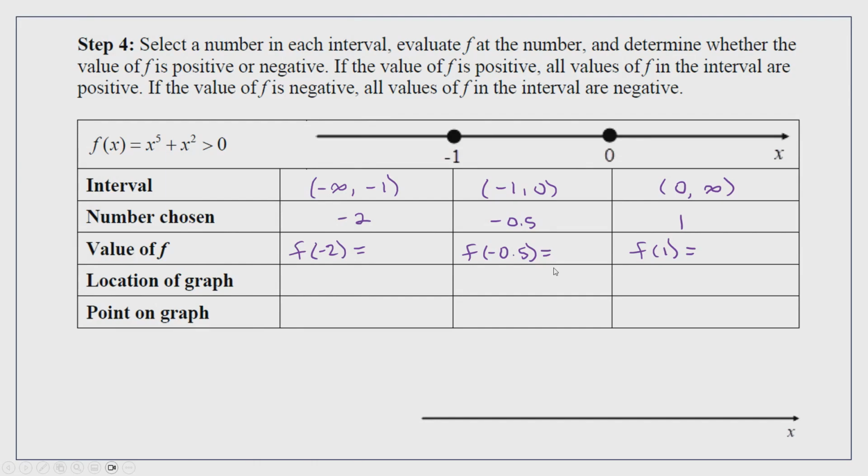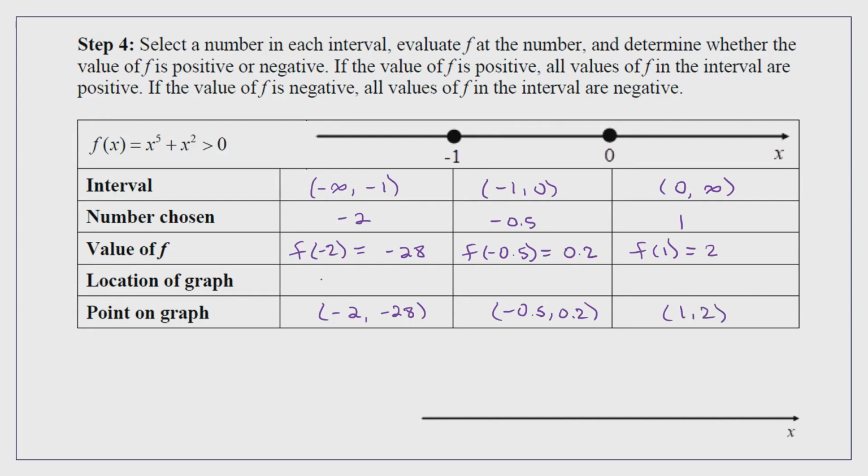So let's write that down. We have negative 28, 0.2, and 2. So we'll have the points (negative 2, negative 28), (negative 0.5, 0.2), and (1, 2).